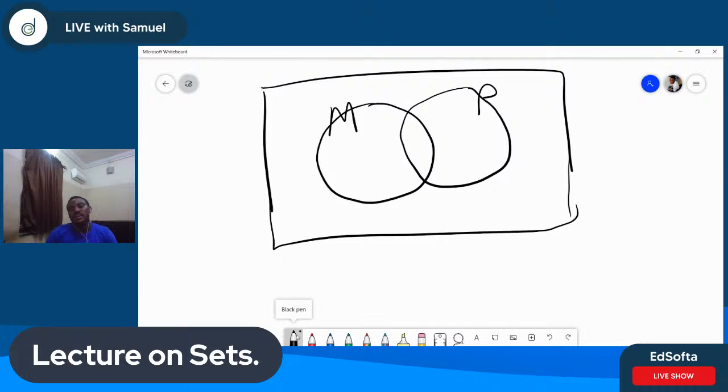So this is a class. In that class, they tell you that five people are doing physics, four people are doing maths, and three people are doing physics and maths. This three here denotes what? The intersection, M intersection P. Why? Because it shows the people that are common to both maths and physics.